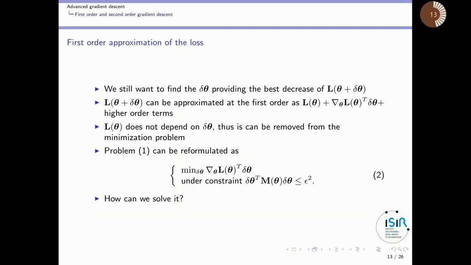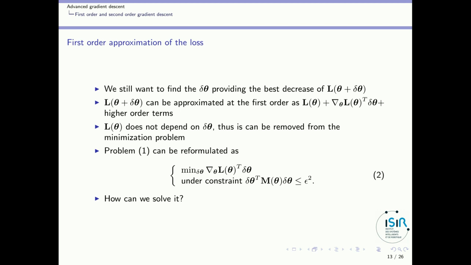More mathematically, how can we deal with this calculation? So as I said, I still want to find a delta theta that provides the best decrease in the loss of theta plus delta theta. Okay, I can approximate this loss using first order Taylor approximation. This way, we have already seen this. Okay, I am ignoring higher order terms. And the idea is that the loss of theta does not depend on delta theta.